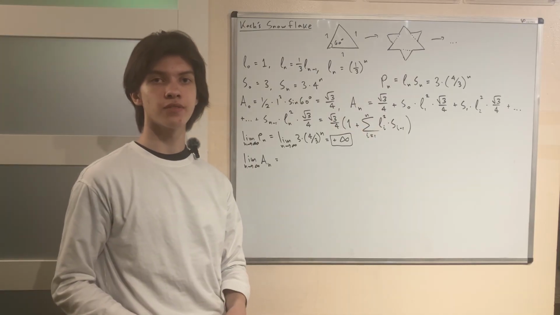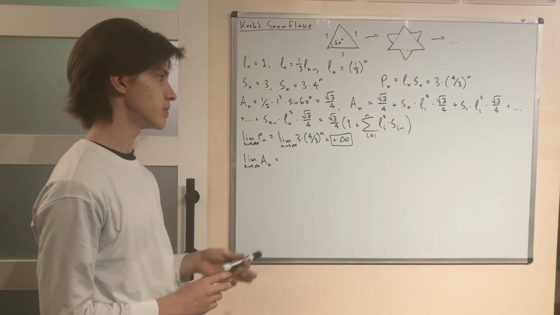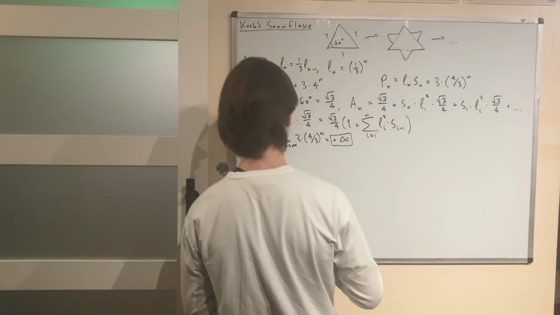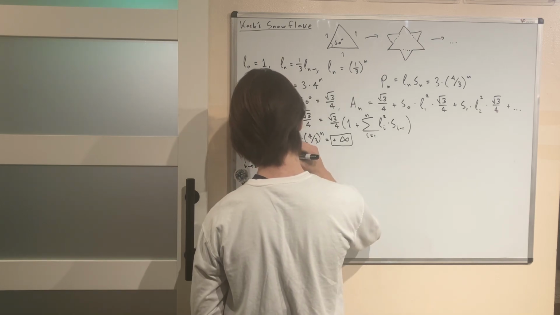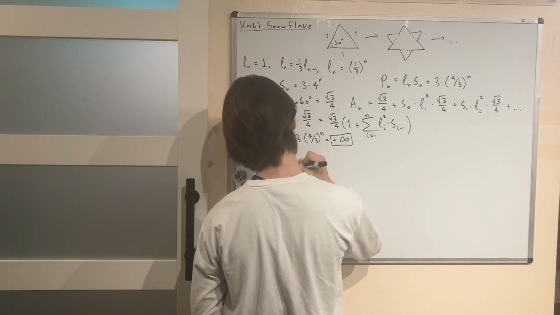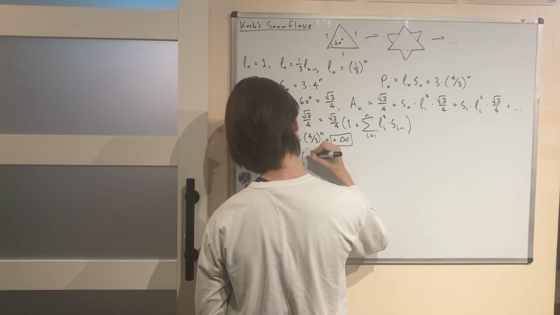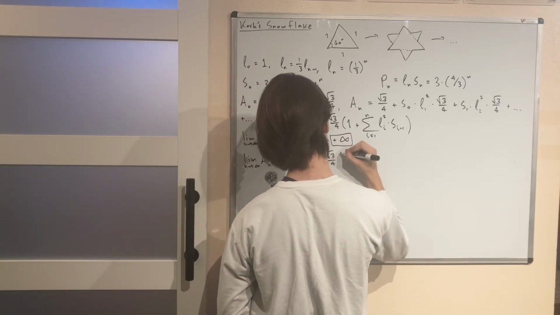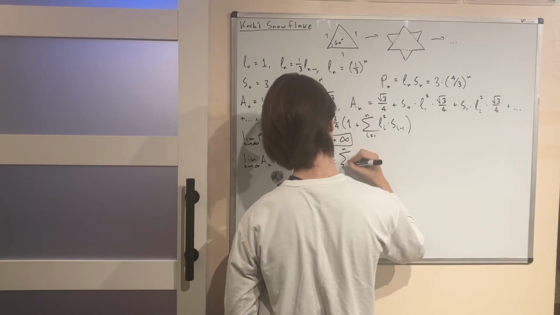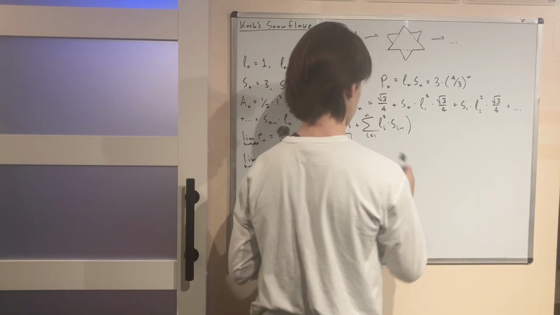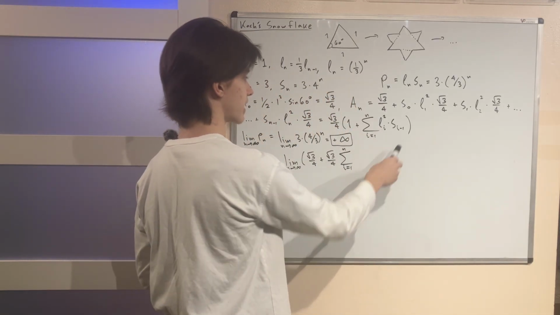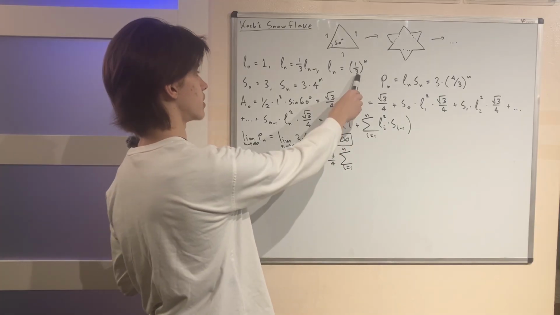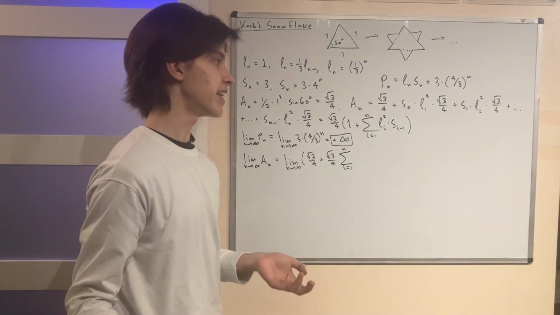Now what is the limit of A of n as n approaches infinity? Well, substituting this formula in, we get some interesting things. This becomes the limit as n approaches infinity of this whole formula, root 3 over 4 plus root 3 over 4 times this sum to n of, and what I'm really concerned about here is the L of I and S of I. We can substitute in the formulas that already use n in there.